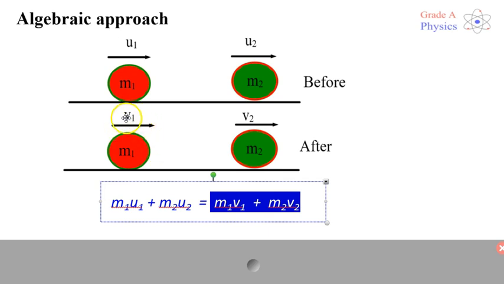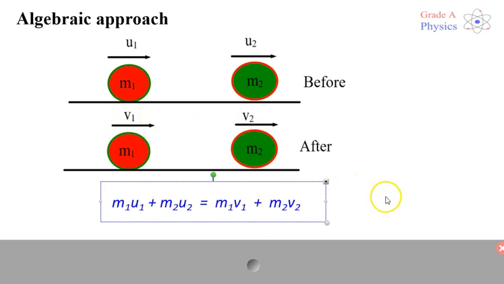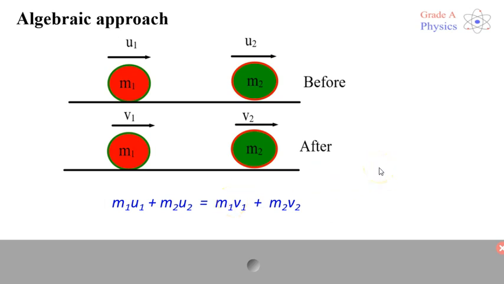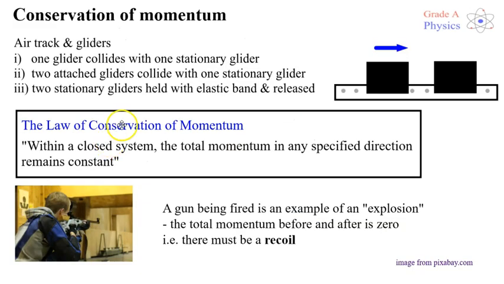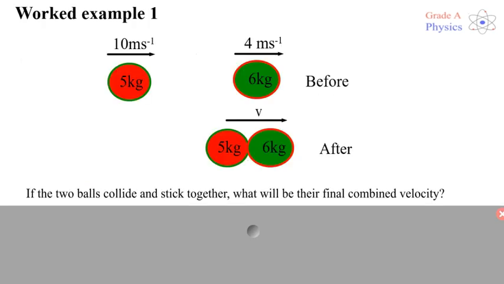We're now talking about the final velocities v1 and v2. Now you don't have to write this out, but if that makes sense to you, it's quite a nice algebraic summary of conservation of momentum, and it's a good thing to write out in any calculation you do. Alternatively, you could write out the statement of the law of conservation of momentum. It's a good idea when answering a question to write that out, and even if you get the answer wrong, hopefully you'll get a mark at least for writing that statement.